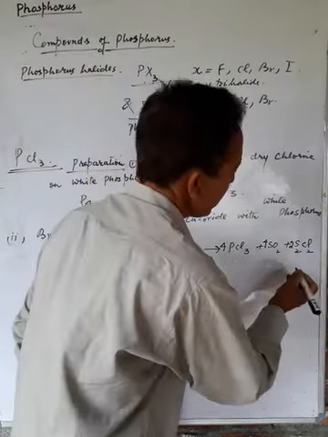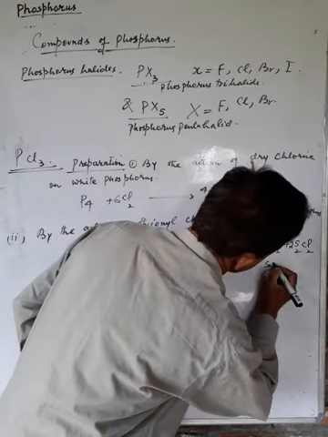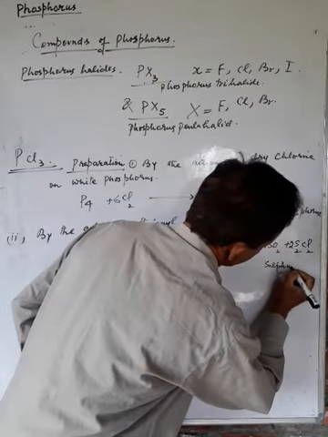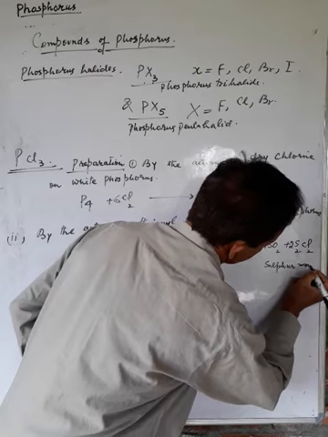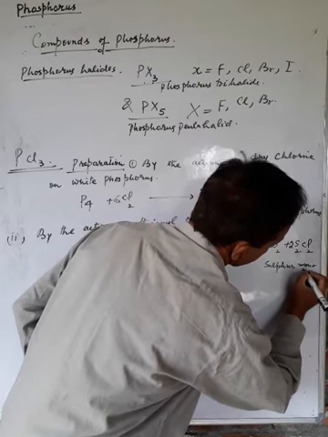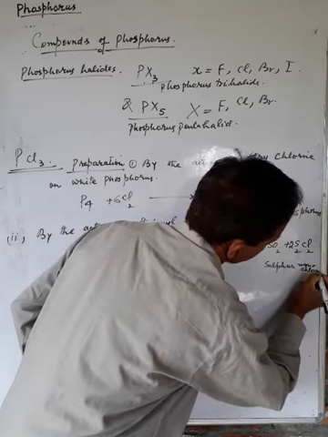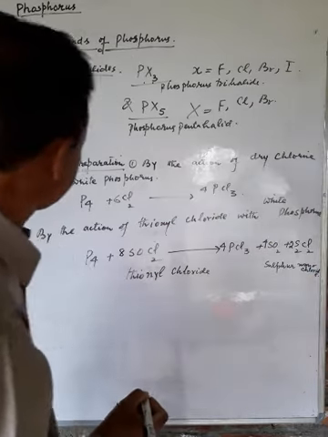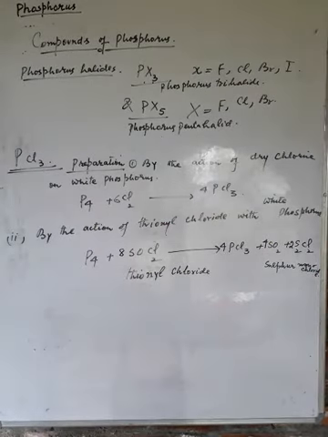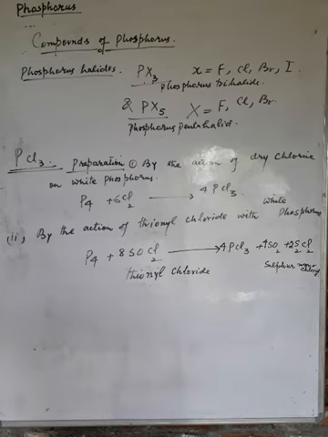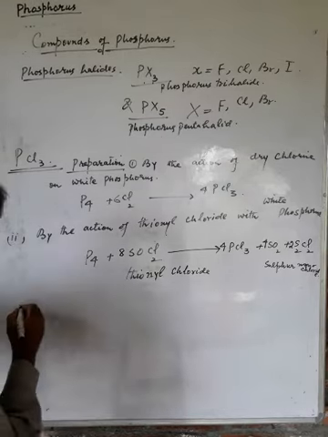This is sulfur dioxide, this is sulfur monochloride. These are the two methods of preparation of phosphorus trichloride, and now the properties.